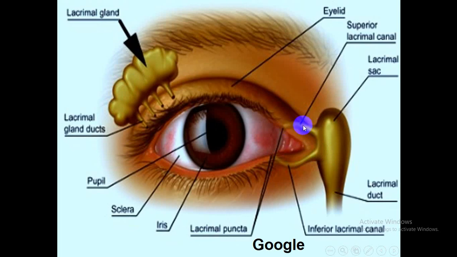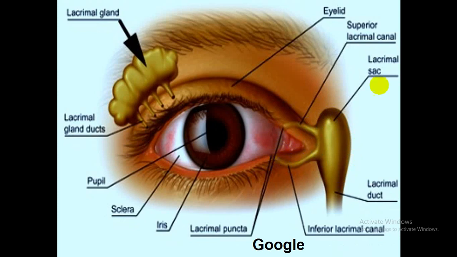Cylinder means thin, very small and delicate. Where do they begin? They begin as the lacrimal punctum, an opening located in the summit of the lacrimal papillae.